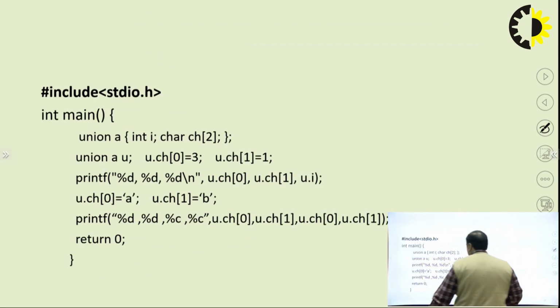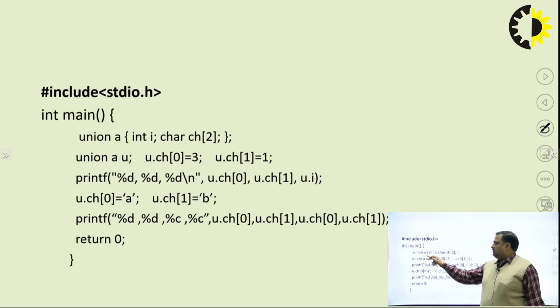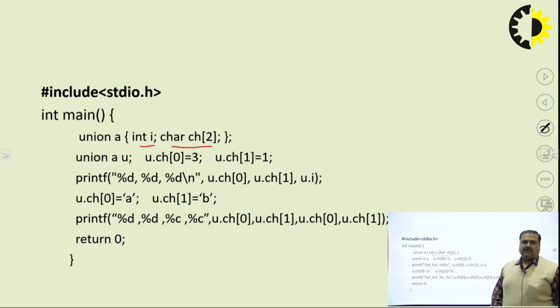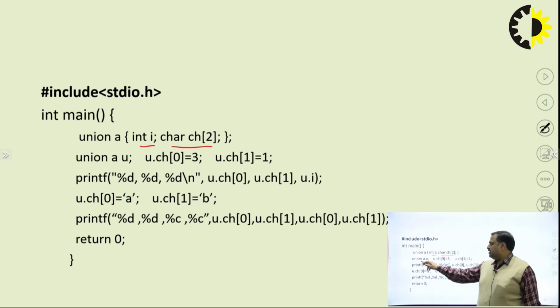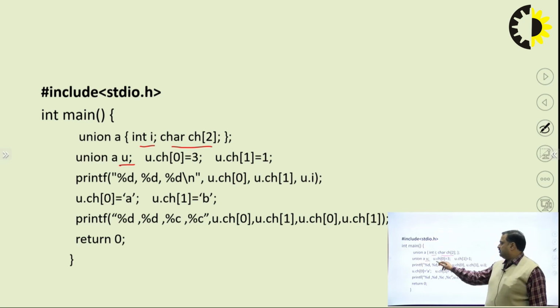Let's understand more. I am having a union A, with one integer and one character array of size 2. I have a union variable u, and u.ch[0] is 3, u.ch[1] is 1. So what is happening?